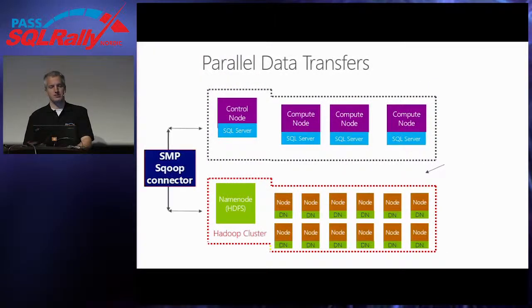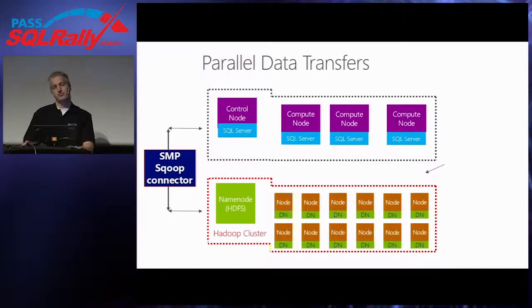So how does it work? Traditionally, I don't know if you heard of the Sqoop connector, but if you want to pull data from Hadoop, you can already do that with SQL Server today. It's called the Sqoop connector. Basically you open a single connection, and the throughput of that single connection is the rate at which you can grab the data.